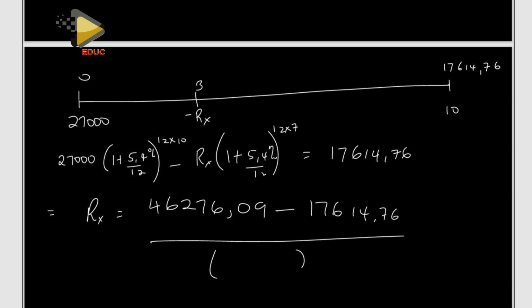Okay, so this is giving me 1.4581. So if I do the subtraction on the computation, 46276.09 minus 17614.76, I'm dividing it by 1.4581.